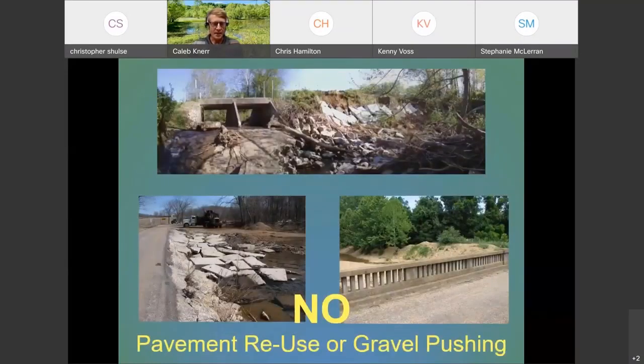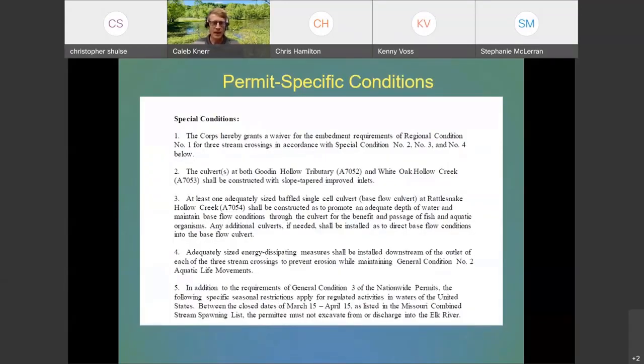And like I said, this is just an example of unsuitable material that you wouldn't want to put in a project when you're designing it or doing maintenance on a project. And I did mention that special conditions can be placed in a project.